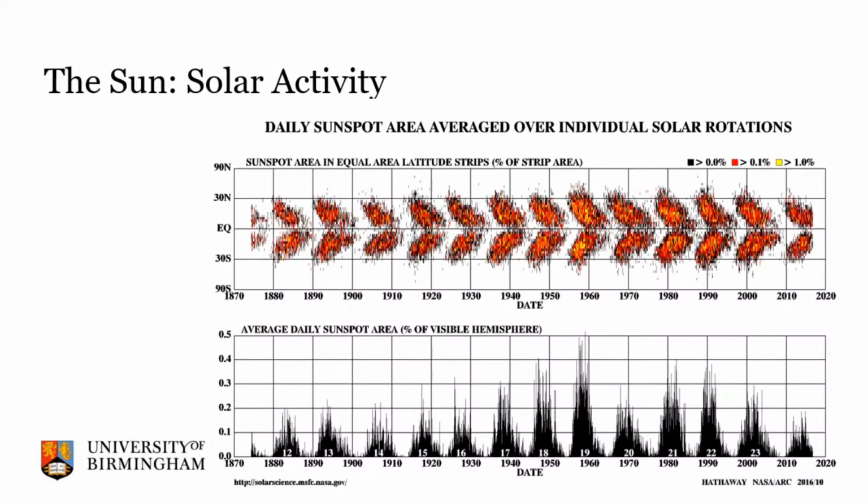This cycle generally features the creation of these sunspots around 30 degrees off the solar axis, solar equator, sorry, at the beginning of the cycle, which slowly begin to be produced closer and closer to the equator before eventually decaying and being left with very few sunspots.